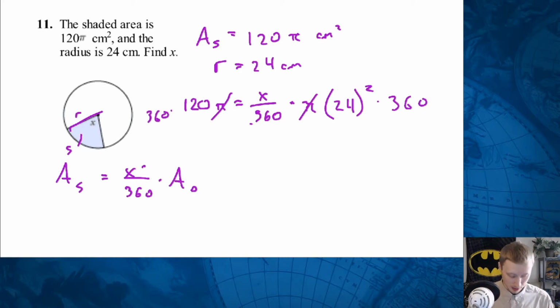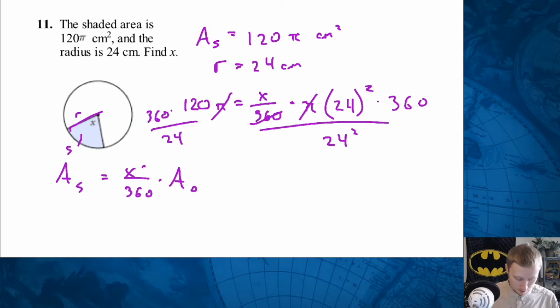That takes care of this guy. And then x is now multiplied by the 24 squared. We want to undo that. Divide by 24 squared. That's not too bad. Now we are down to just x on one side.